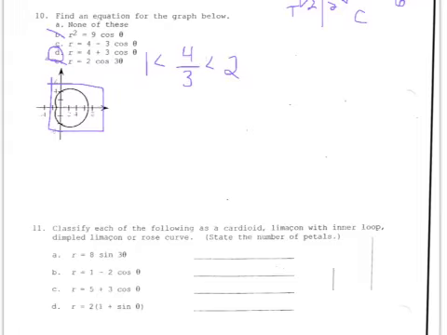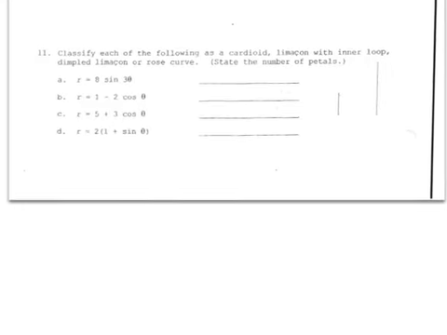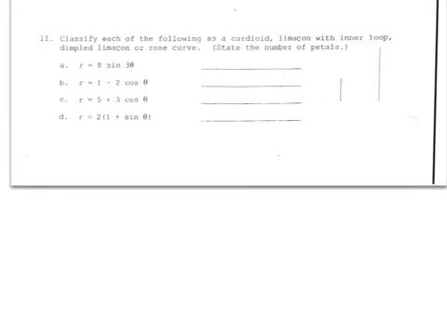All right, let's move on to number 11. Classify each of the following as a cardioid, a limaçon with an inner loop, a dimpled limaçon, or a rose curve. And we want to state the number of petals for a rose curve. So if we look at A, we know that this is definitely a rose curve because of the 3 theta.